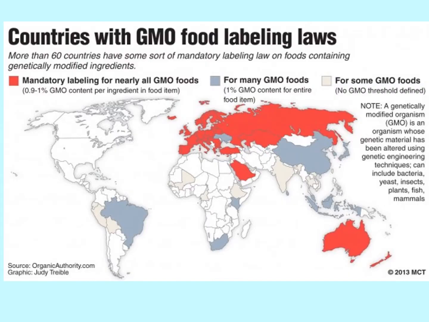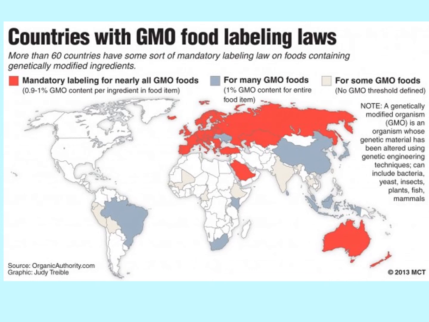So here's a slightly out-of-date worldwide map of countries with genetically modified organism food labeling laws. And this was the most up-to-date map that I could find that was so clear. So those countries in red, which shows most of Europe and the Soviet Union and Australia, has mandatory labeling for nearly all genetically modified foods.